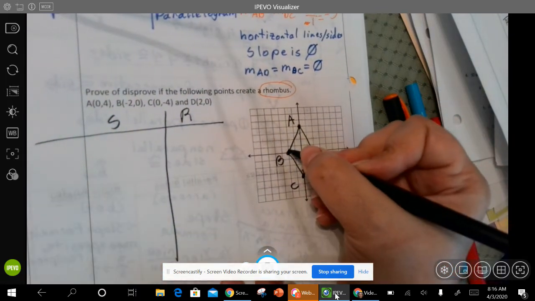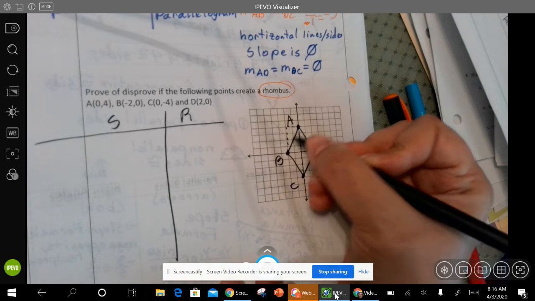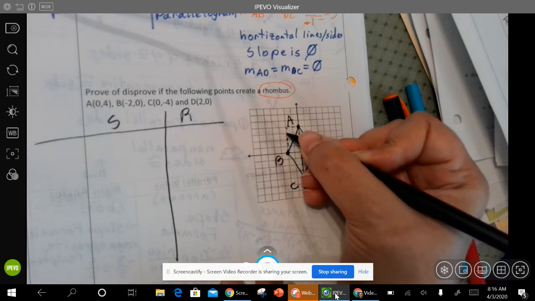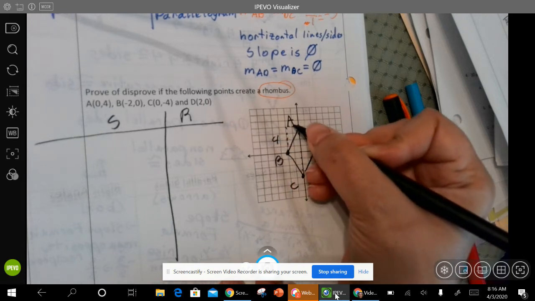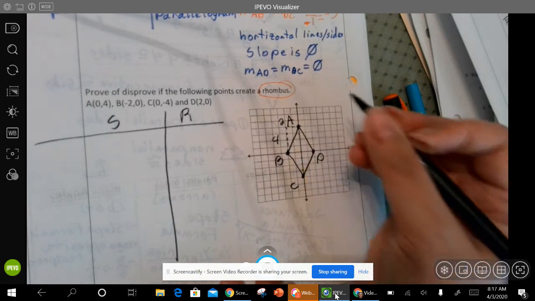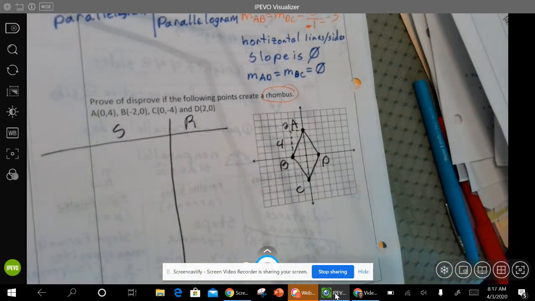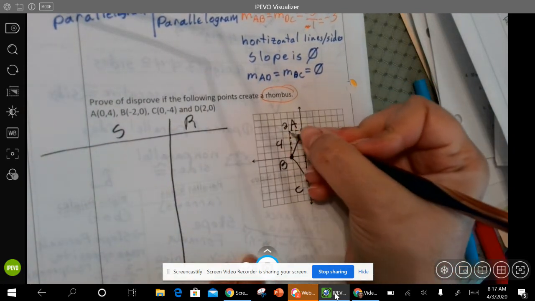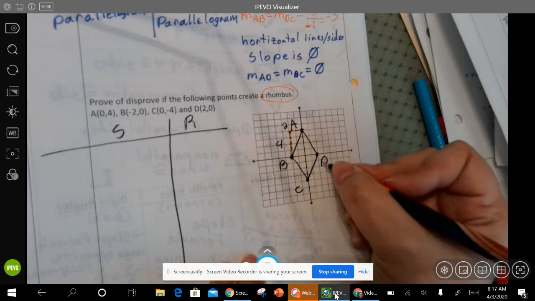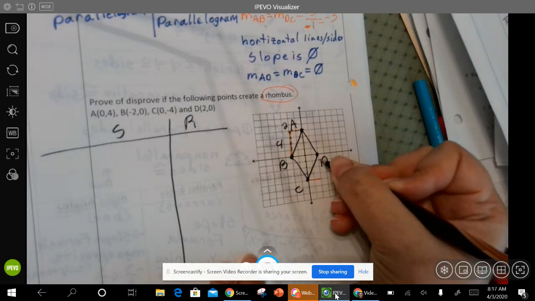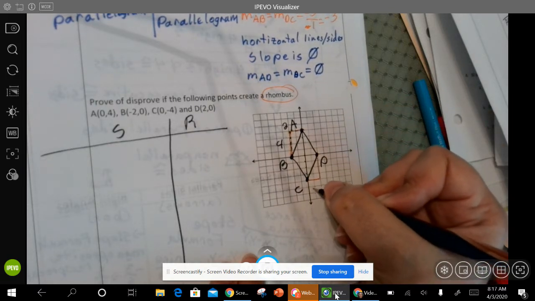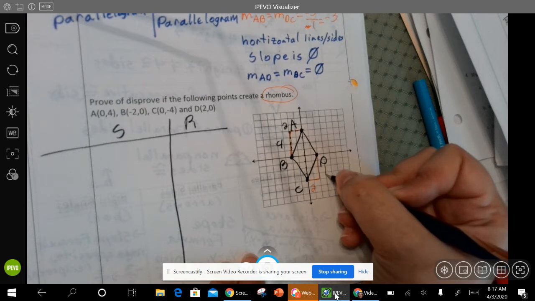So we're going to have to go over 1, 2, 3, 4, over 1, 2. Okay, so for our slopes, sorry, over 1, up 2. Same with this one, over 1, up 2. So 2 over 2, up 4.